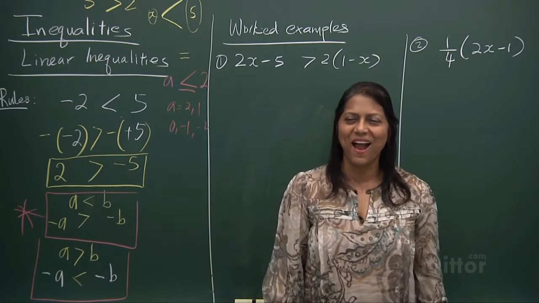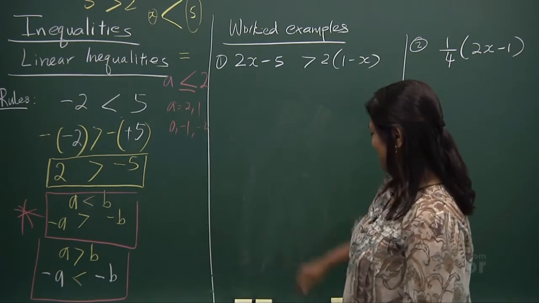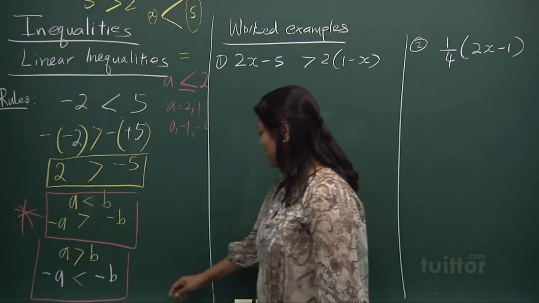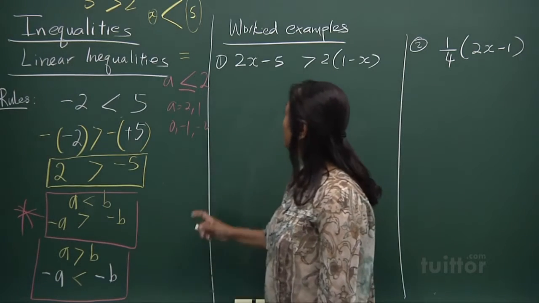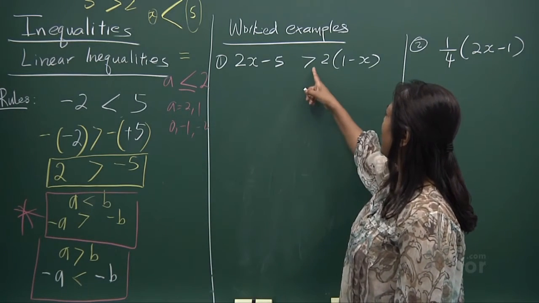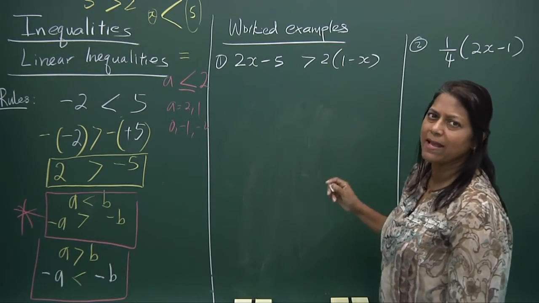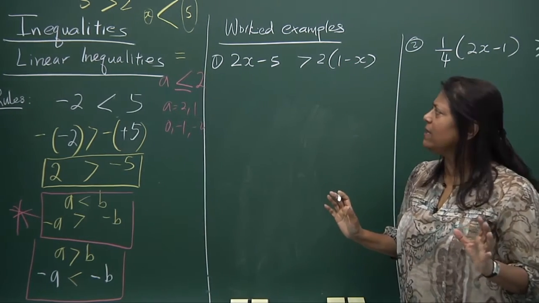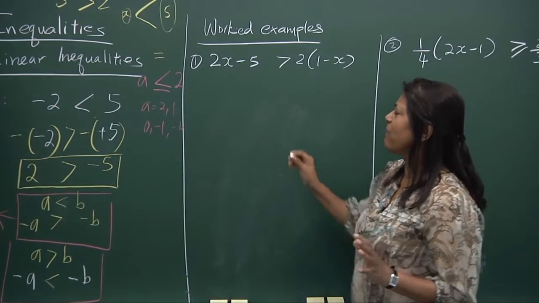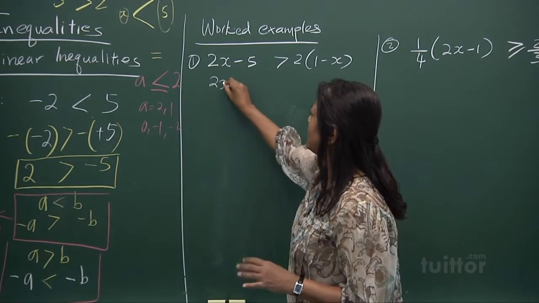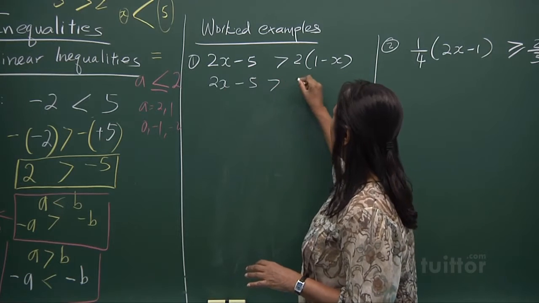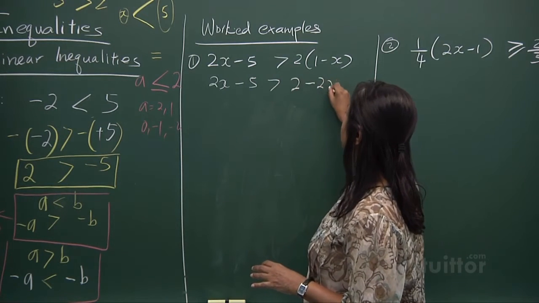Inequality. Right, great. Look at this. The first example that I'm going to go through with you: 2x minus 5 is smaller than 2 bracket 1 minus x. A very simple linear inequality. Just open up very comfortably and say, 2x minus 5 is bigger than 2 minus 2x.